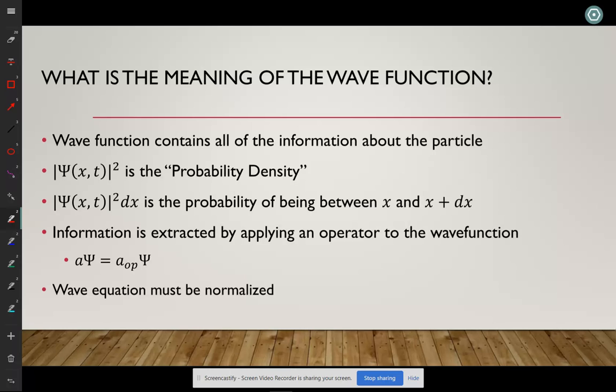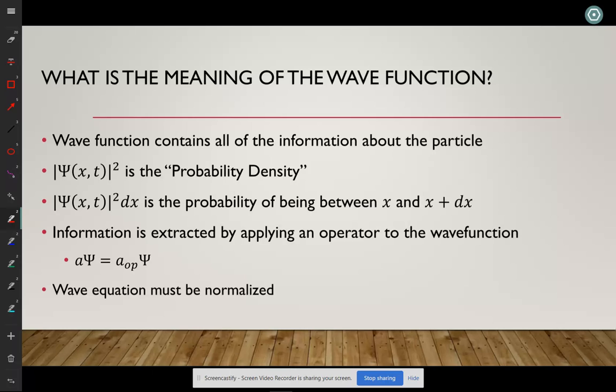We extract information from this wave function using operators. So remember, we had a question on the quiz about what it means to be a function of the operator. If it's a function of the operator, that means the operator acting on the function gives you a value, an observable, times the function. So in this relationship here, the A needs to be real. It needs to be something physical.